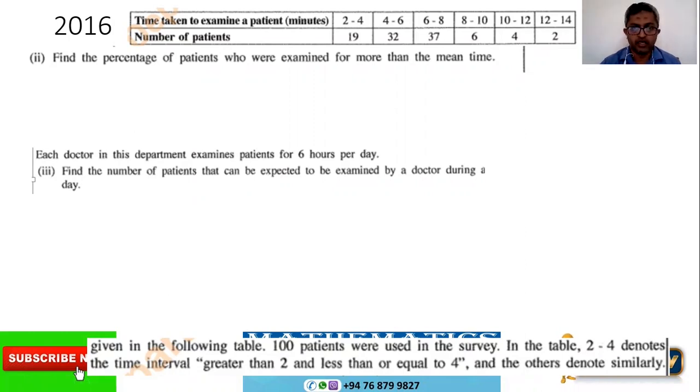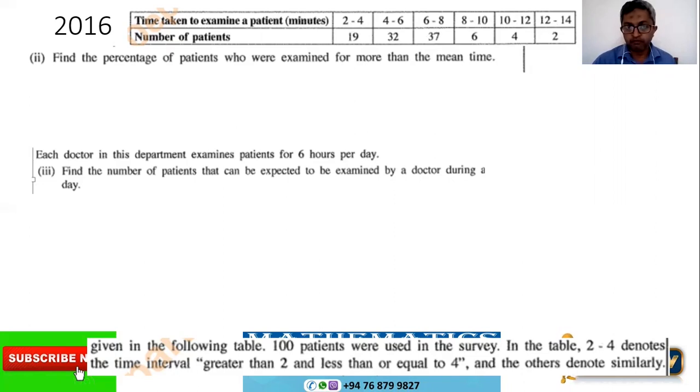First we find how many patients in 1 hour. That's the reason we found the mean time here. Otherwise, how would we find it? There are so many different times, 2 minutes and 14 minutes both taken, as you know from this table.